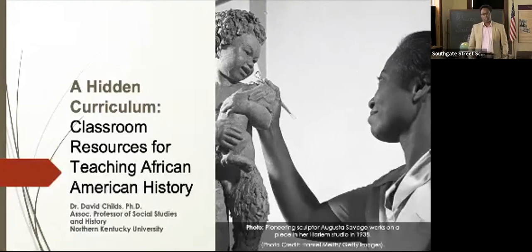James Banks is a foremost scholar in multicultural education. He talks about various models of integrating multicultural education into the curriculum. The first model he talks about, really the first level, is the contributions approach, which is basically you are introducing African American history, as I said, as an afterthought.